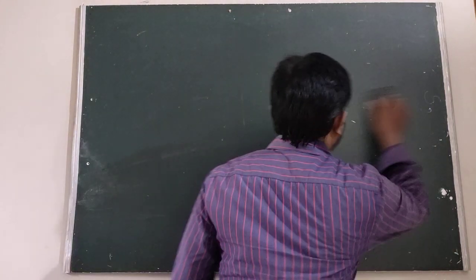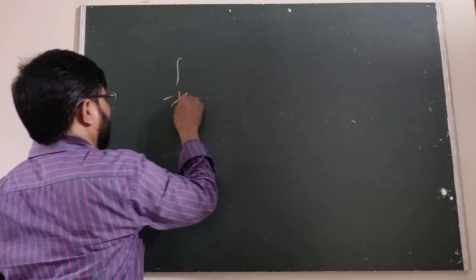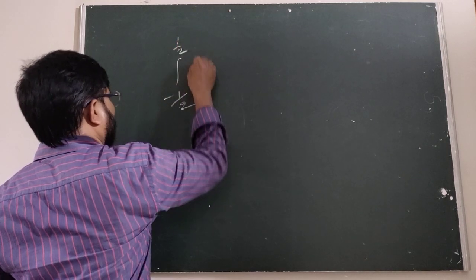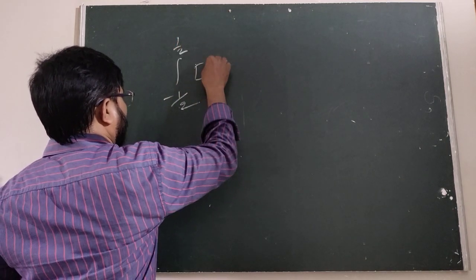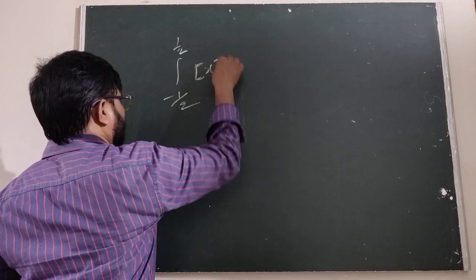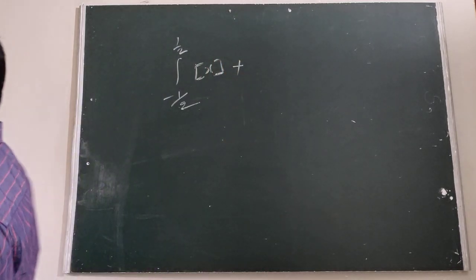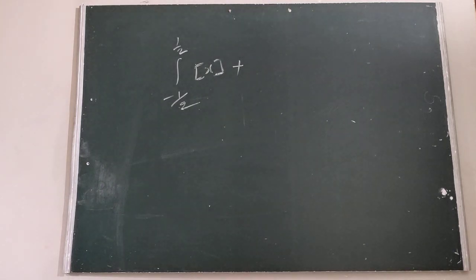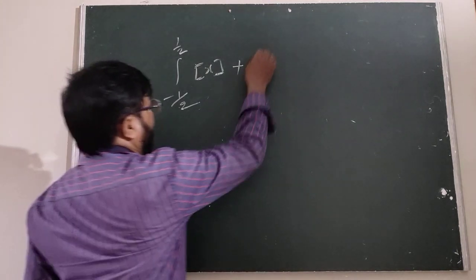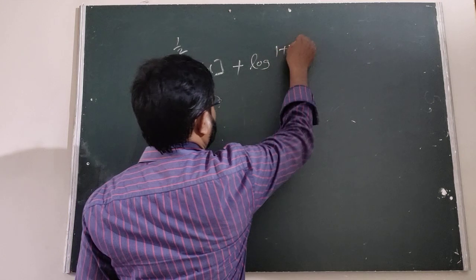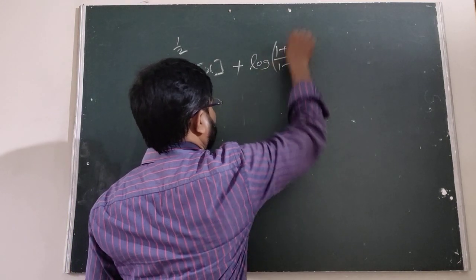So one more previous year question. All of you listen here. The integral from minus 1 by 2 to 1 by 2 of the step of x, where the step denotes GIF, greatest integer function, and the log of 1 plus x by 1 minus x.